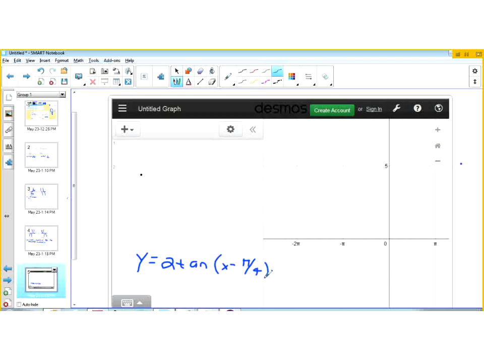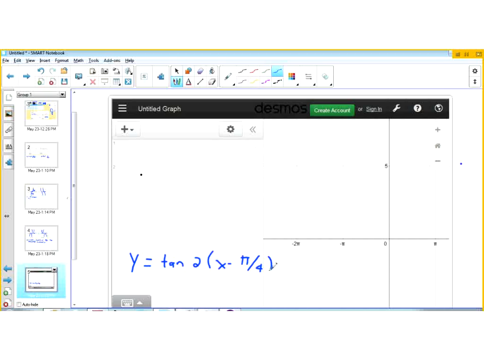Well, as you might have guessed, this is simply the graph of the tangent function. No, I'm sorry, I've got that wrong. I meant to say y is equal to the tangent of 2 times x minus pi fourths.